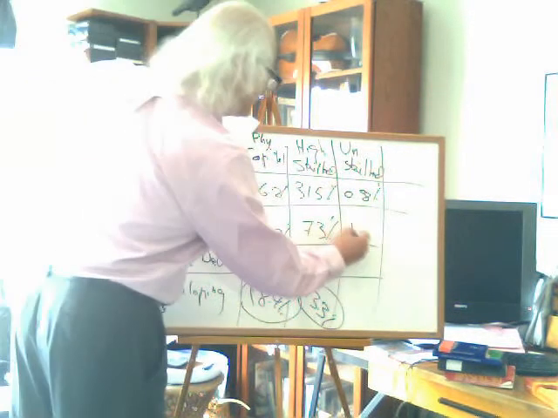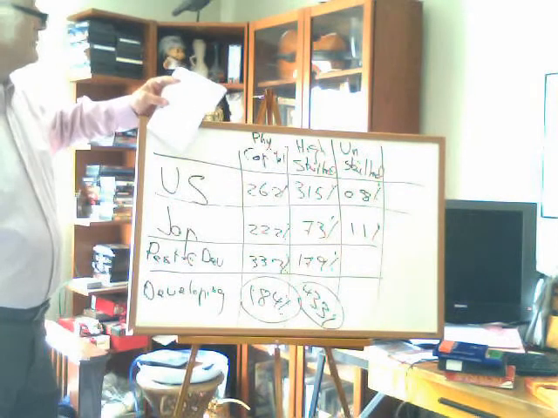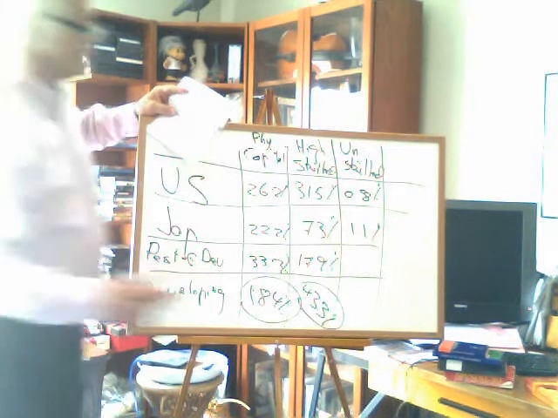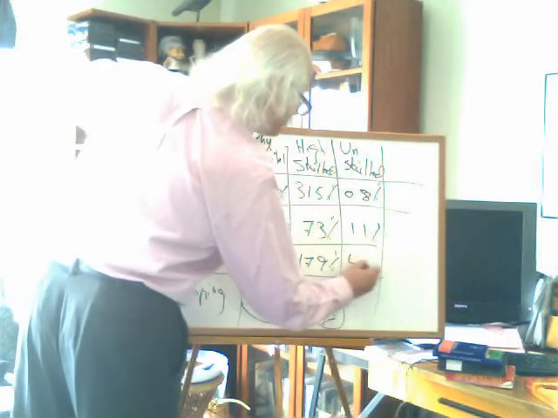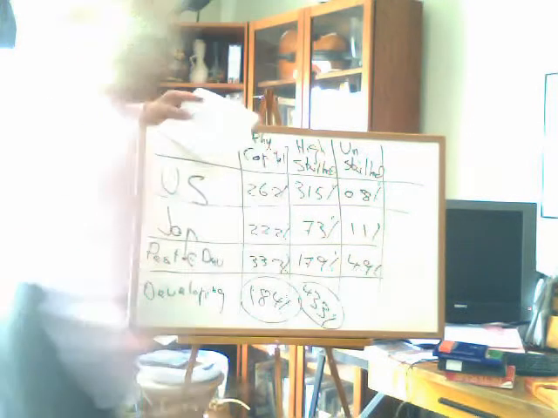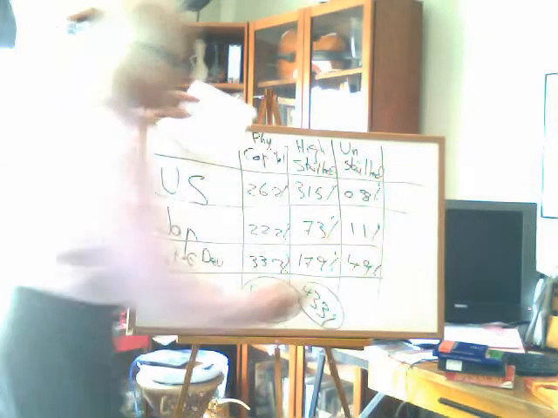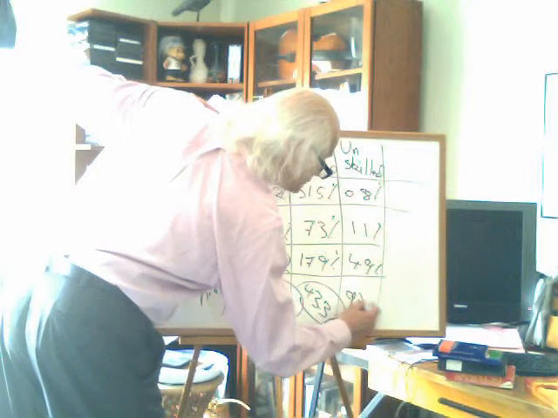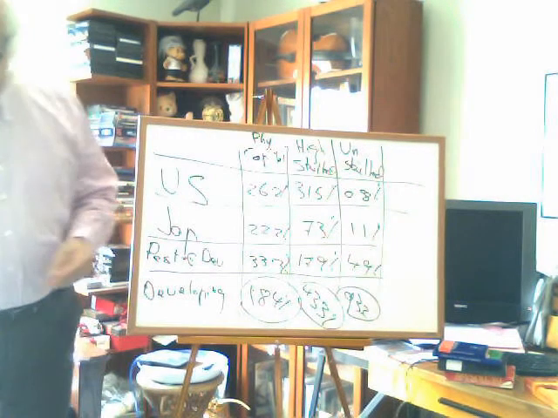Japan has 1.1%. The rest of the OECD countries put together represent 4.9% of the labor in the world, while the developing countries have 93.2% of the unskilled labor in the world.